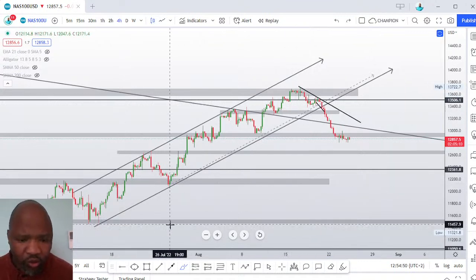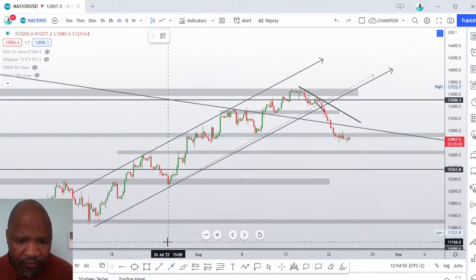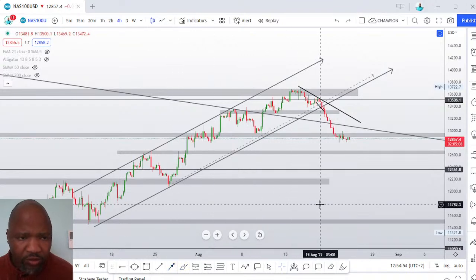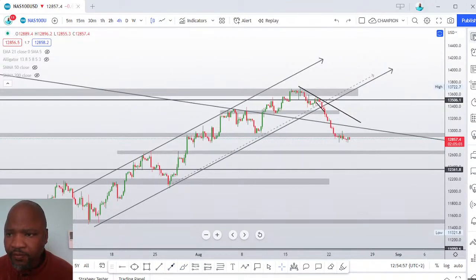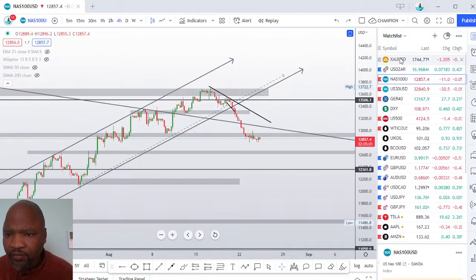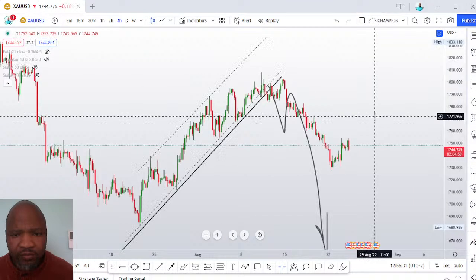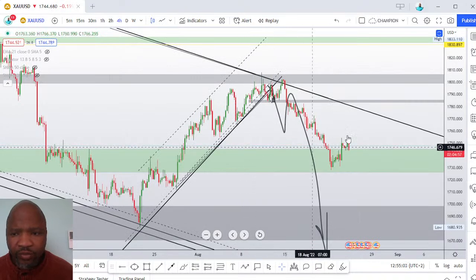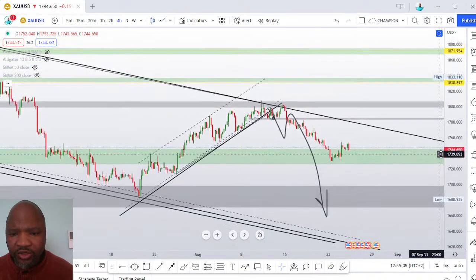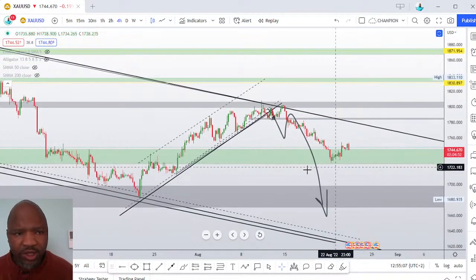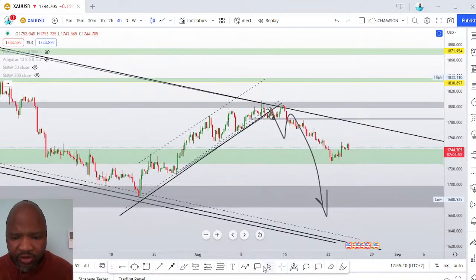Let's check on gold. Look at my previous predictions with gold. It's something that I want you to put in mind.